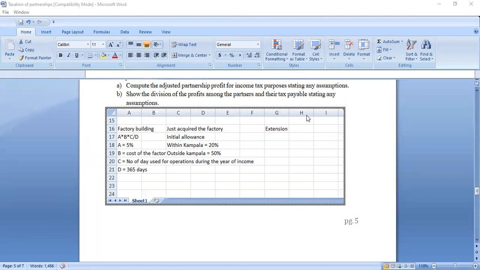If they tell you that the factory building is 20M, they've told you the figure. Don't look elsewhere. Just know that's the value of the factory building. Use that one. I hope I've answered you, Jackie.